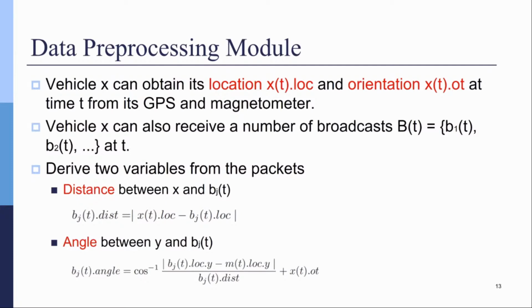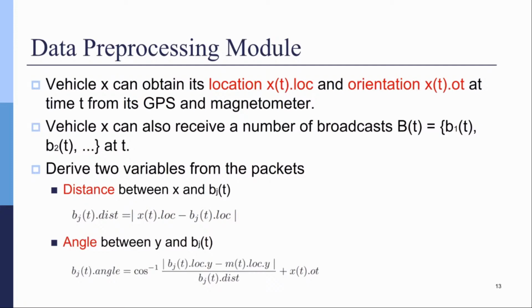Because of different notations, here we assume that we are driving vehicle X. Via the OBU, vehicle X can obtain its location and orientation. Vehicle X can also receive a number of broadcast packets from neighboring cars.